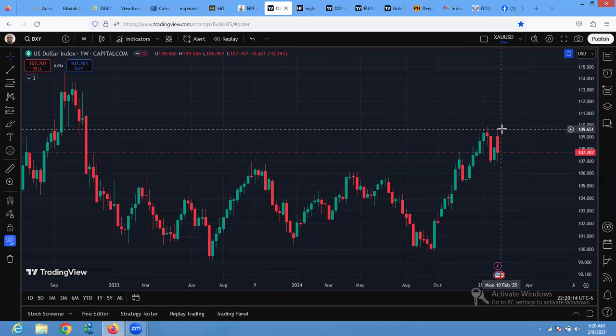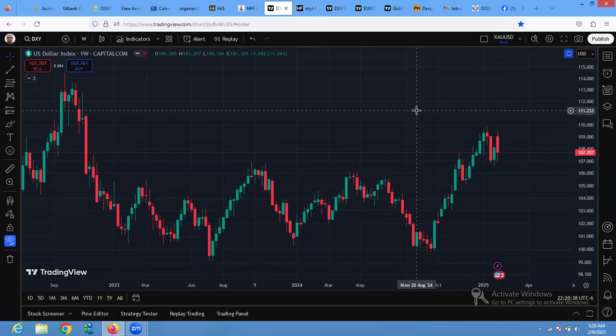If you are holding a sell off from here, fine. If the price probably will climb up to around the 111 area, let's see if that is possible. 111 area or 110 plus area, we will see.